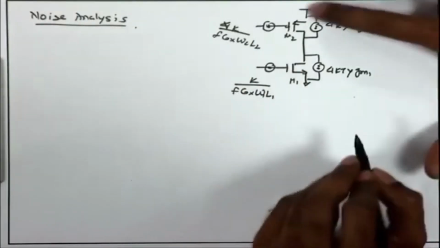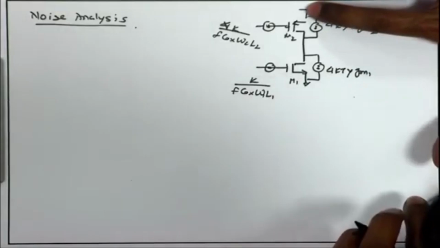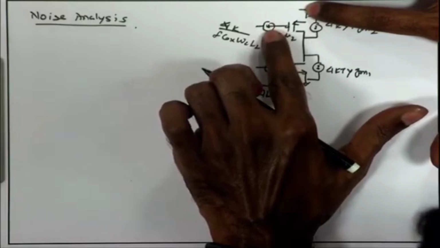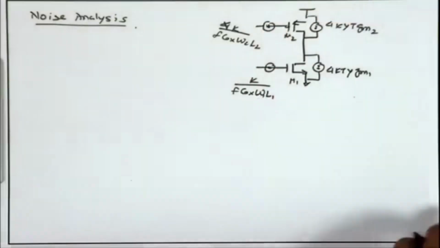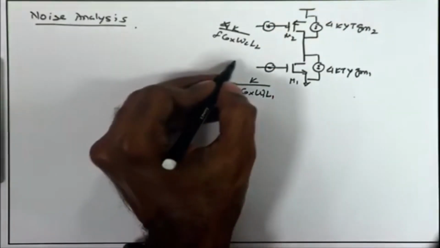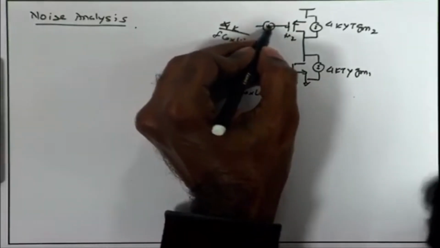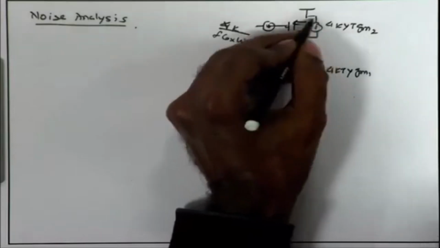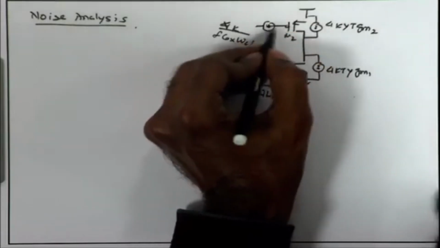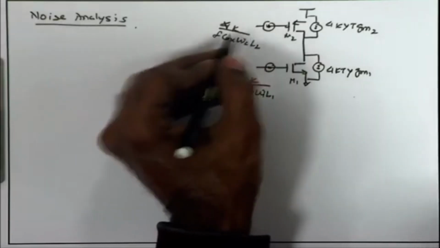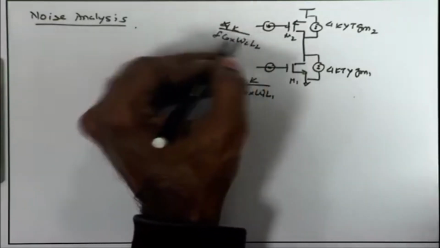Now, we have seen that if the source is at AC ground, I can reflect this small signal noise source at the gate into an equivalent drain current. So, I can capture the effect of this noise voltage at the gate in the form of drain current by multiplying this voltage by GM square, because remember this is the mean square value of the spectral density.